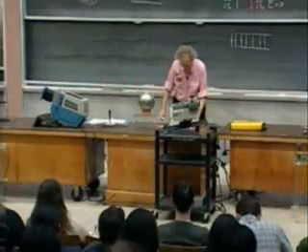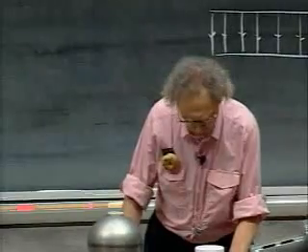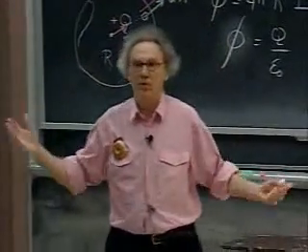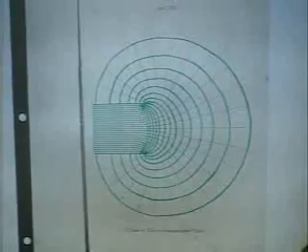Maxwell, of course, was a clever man, and he knew how to do that. Today we can also do that very easily with computers, but I'll show you from Maxwell's original publications that in a situation like that, he was already perfectly capable of calculating these electric field lines. And you have these two horizontal plates, which one is plus and which one is minus doesn't matter. He doesn't put arrows in there.